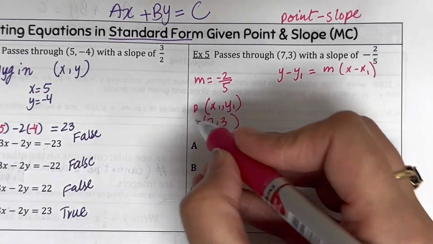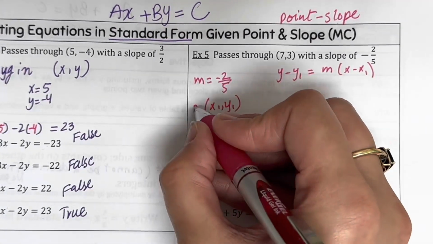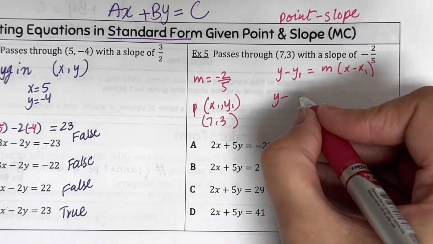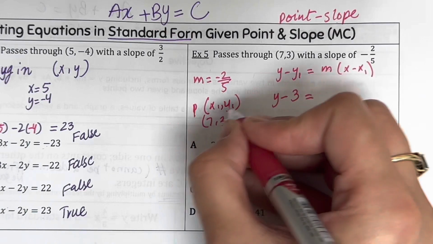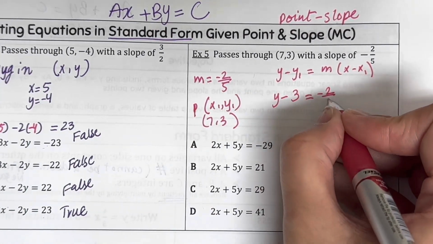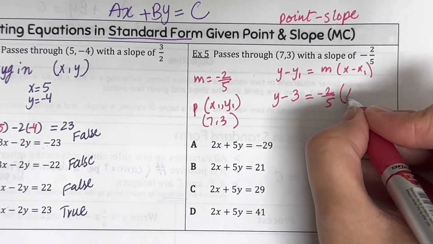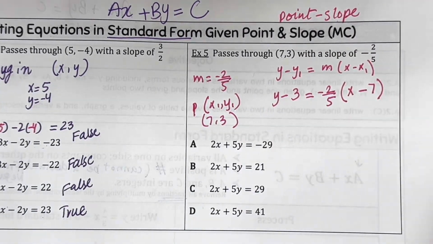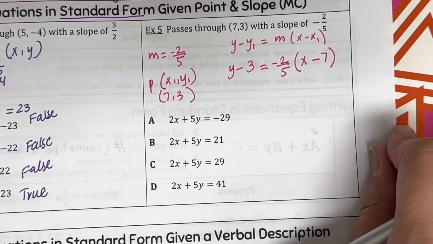Okay. I'm gonna replace my numbers. So y minus y1 is 3, so I don't need parentheses. M is negative 2/5. X minus x1 is 7. So there you go. I have the point slope form of the equation.